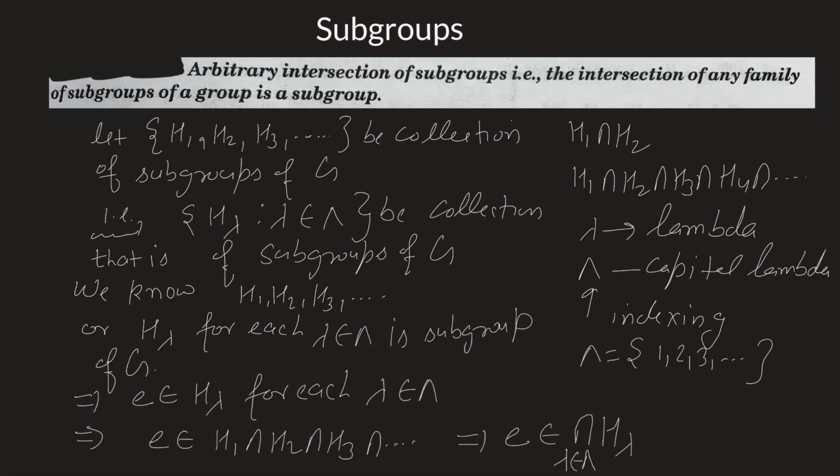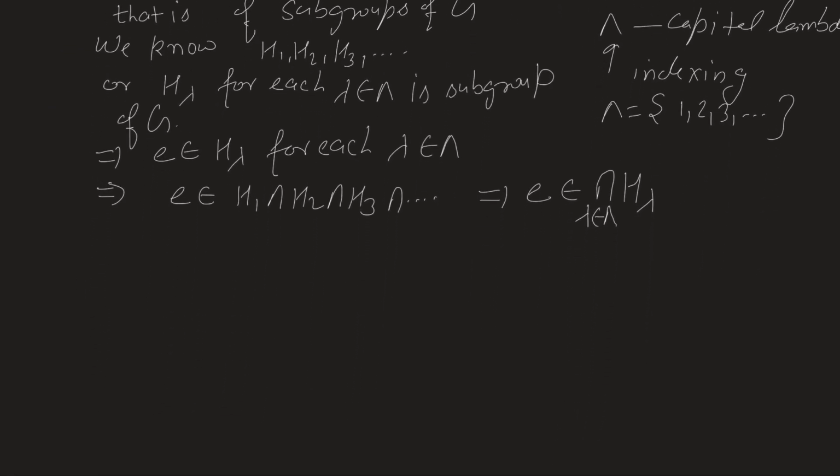So the intersection of these arbitrary sets is non-empty because it contains the identity element. Let this intersection be named H.